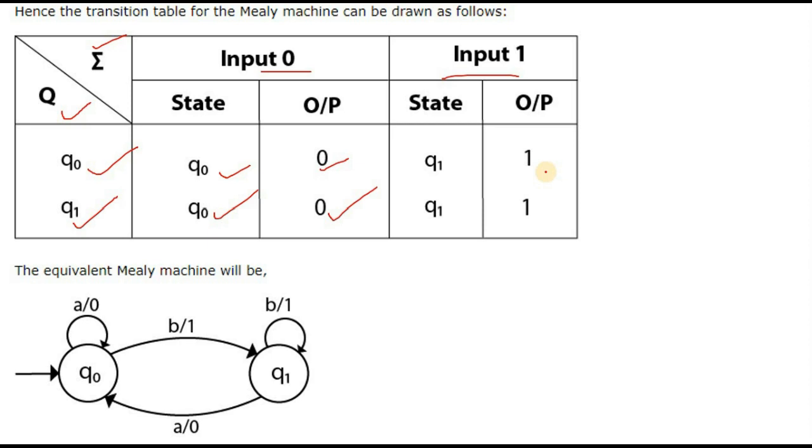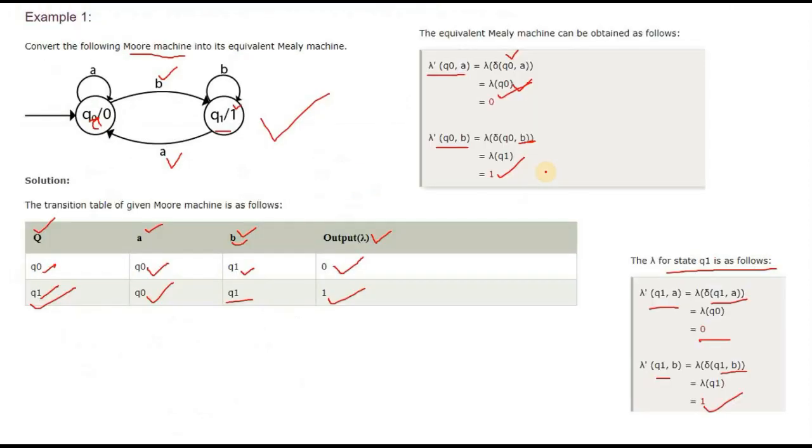So this can be done by using the above calculations. So I mean to say that for Q0, Q0 comma A, output is 0, Q0 comma B, output is 1.